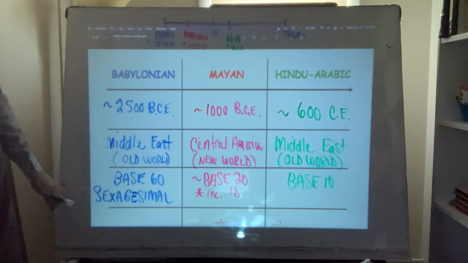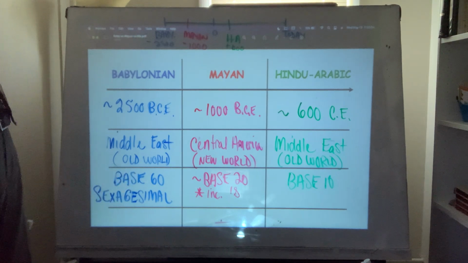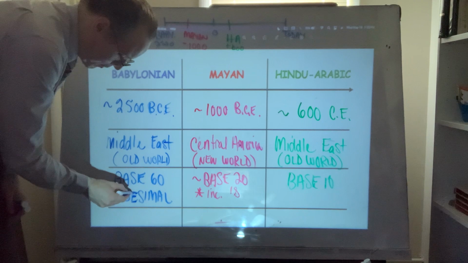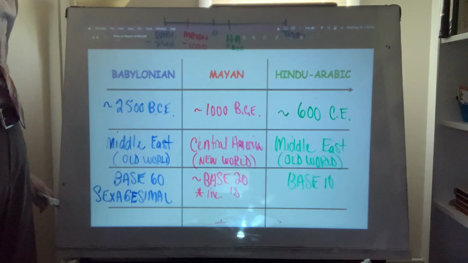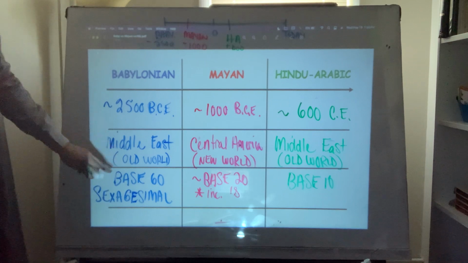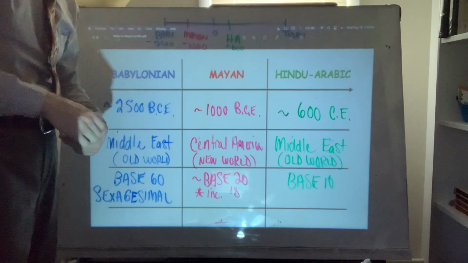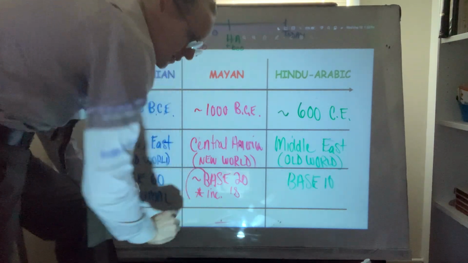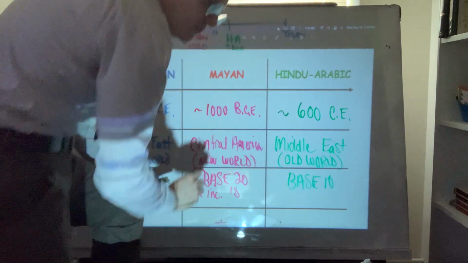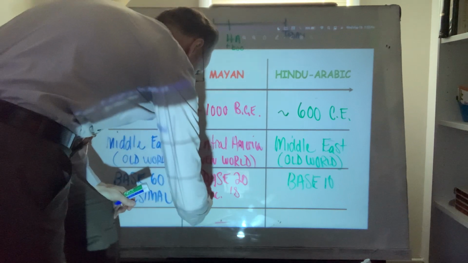Some people may say sexagesimal. I couldn't really tell you what the proper pronunciation is. How to spell it is probably more important. Sexagesimal is a base 60 system. Something that would be genuinely base 20 is vigesimal.